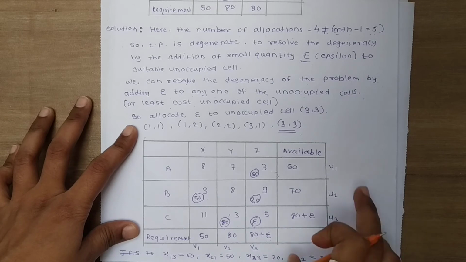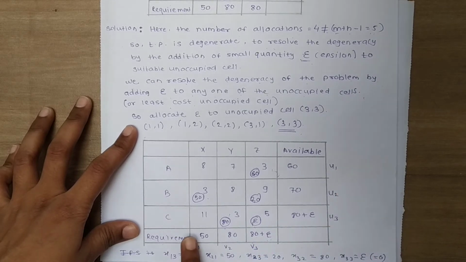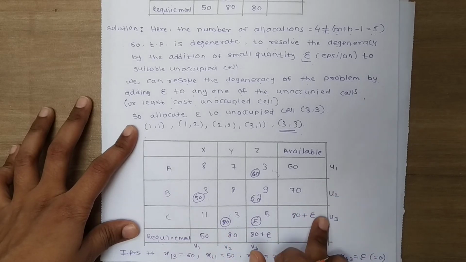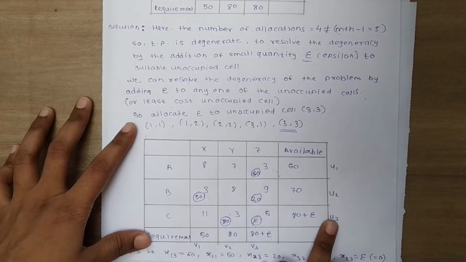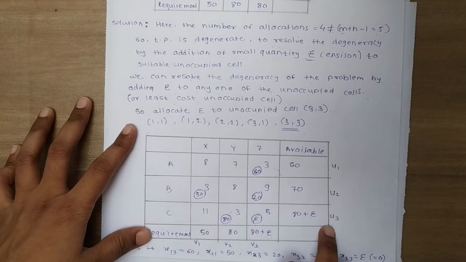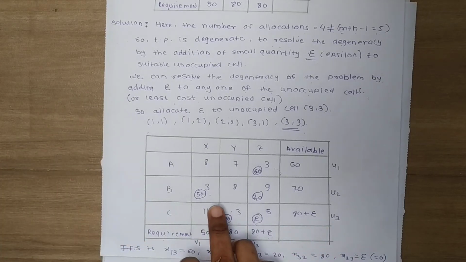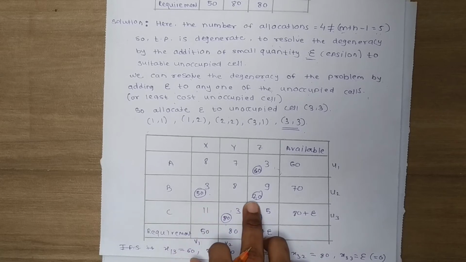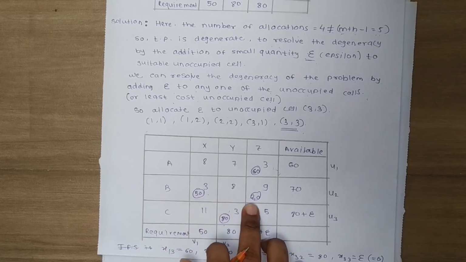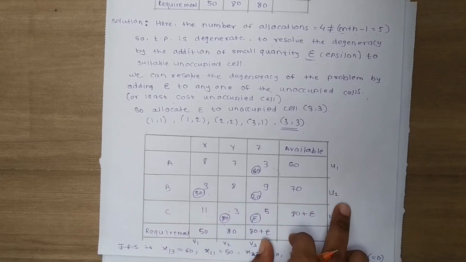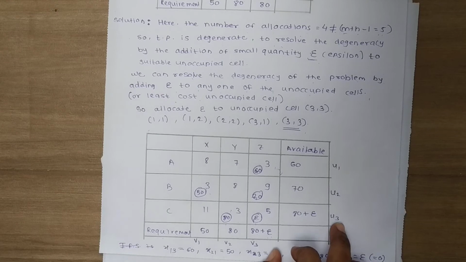So here U1, U2, U3, V1, V2, V3. So any one of these Ui we take 0. Probably we take the row with the maximum number of allocations. Here we take U3 equals 0.